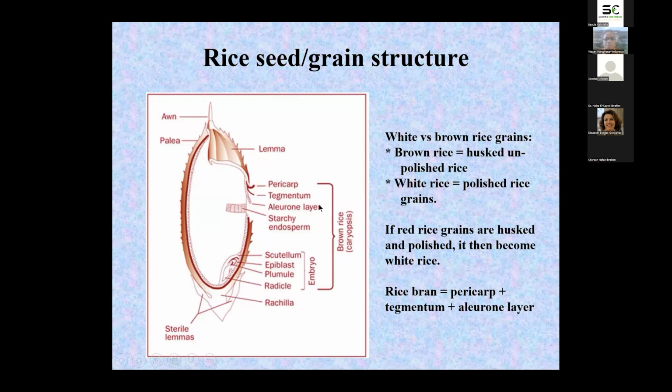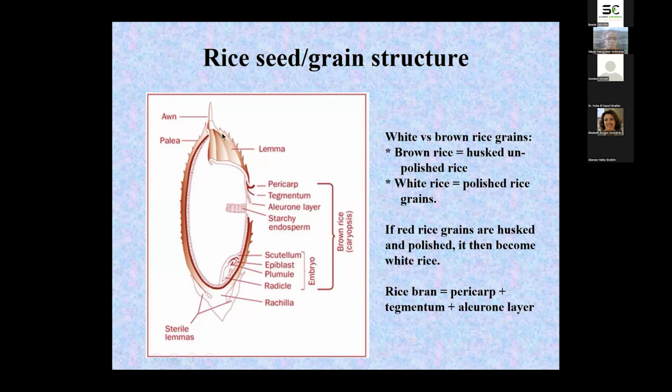So the red color is because of the anthocyanin content in the bran. When we process the rice grain to be ready to cook, sometimes there are 2 steps of processing.